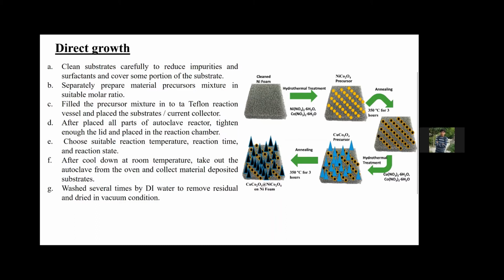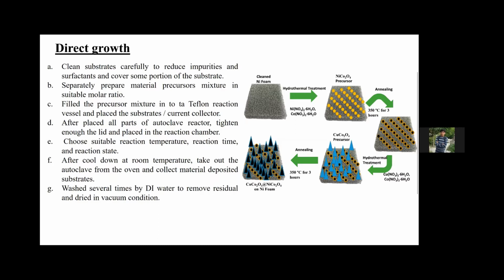And one thing, make sure that when we deposit onto the substrate, we cover some part of the substrate, because this is direct growth of material, and inside this chamber we don't know what will happen if we don't cover it. It might be possible that the material deposits over the whole substrate, and then we don't have any option left as a current collector.